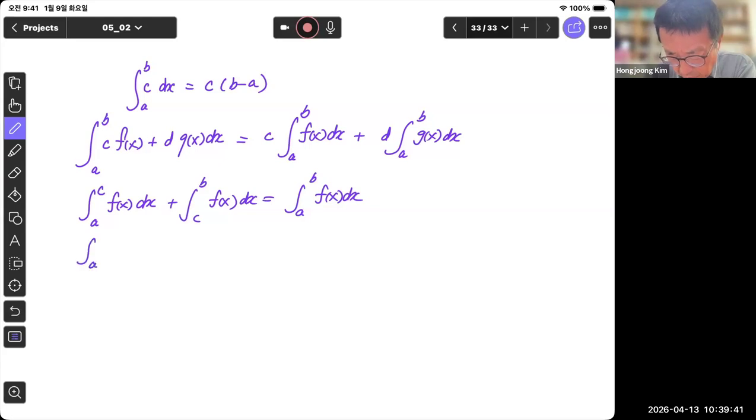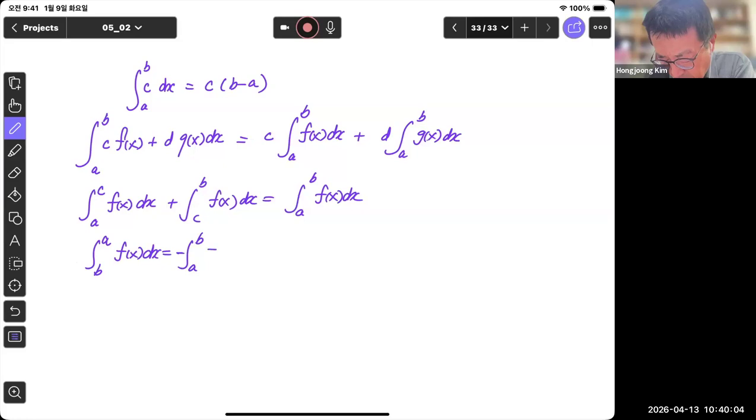If I switch these limits, you get the negation of the integral. So as a special case, when I integrate from a to a, it will be 0.